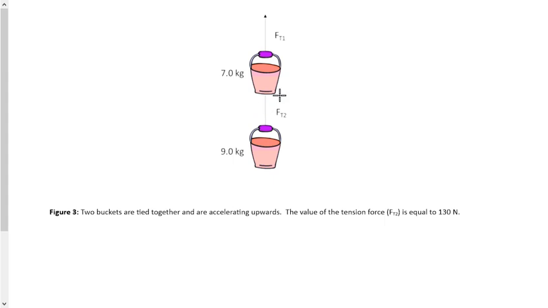So if we want to get the acceleration of this system now, we're going to say we've got force tension 1 upwards, and opposing that is going to be the force of gravity of both of those objects. So we're going to say force net equals force tension 1 minus the force of gravity of both objects here.